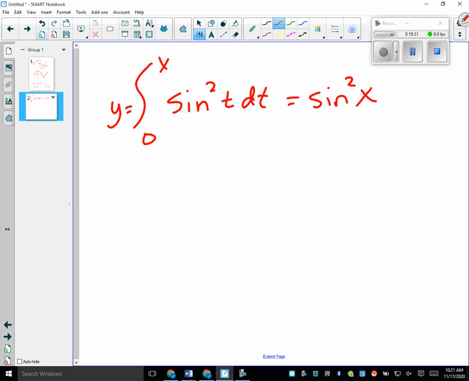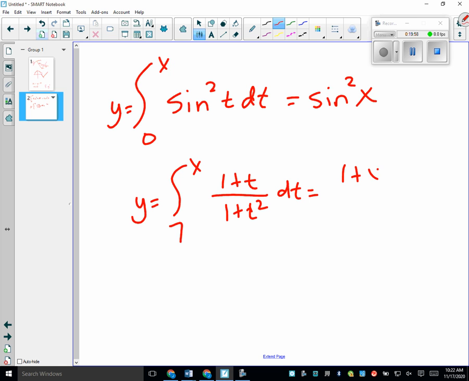All right, so if y equals the integral from 7 to x of (1 plus t) over (1 plus t squared) dt, what is this equal to? 1 plus x over 1 plus x squared.